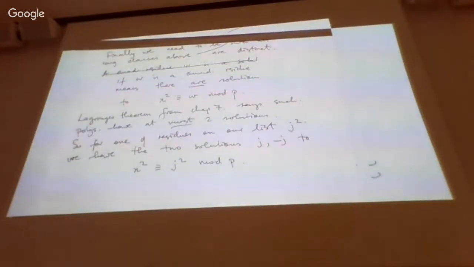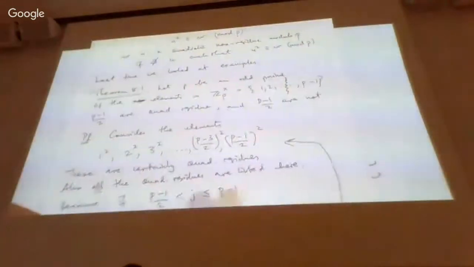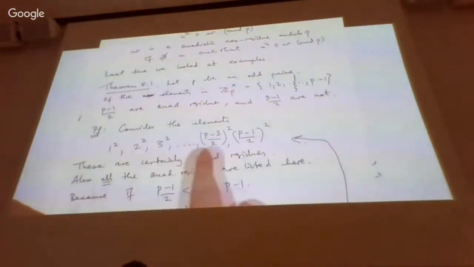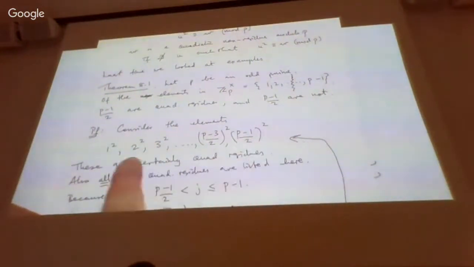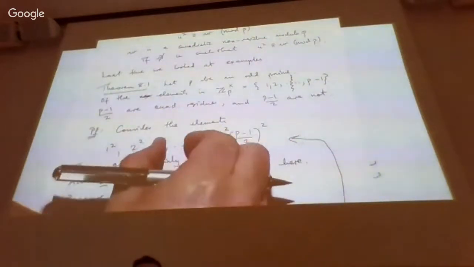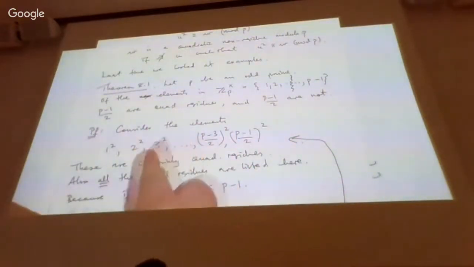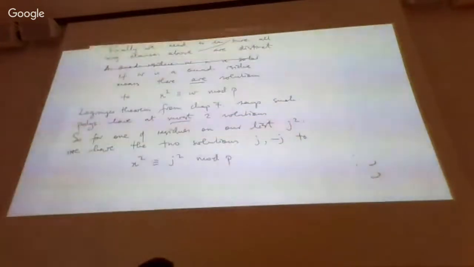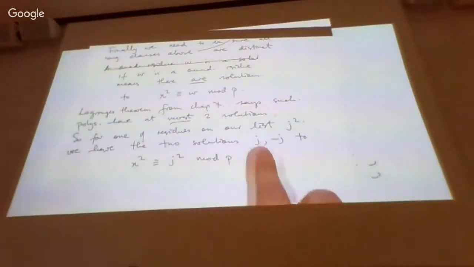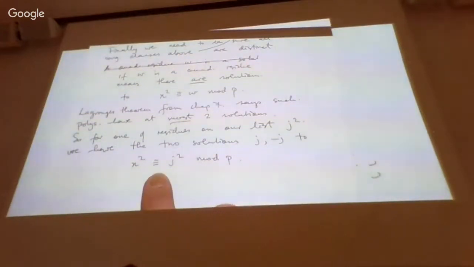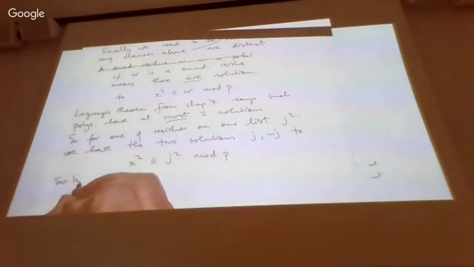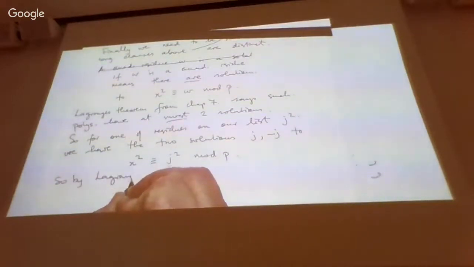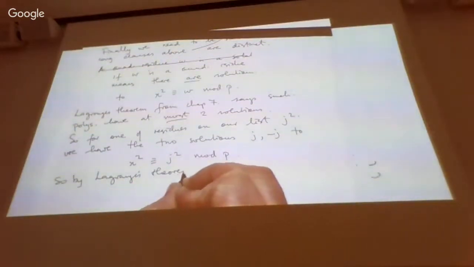For each of the quadratic residues I've listed here, we've already established that all the quadratic residues are to be found here. If I pick any one of those out, a j squared, it's the square of something, so it's a quadratic residue, but we can already point to two solutions to it, j and minus j, for this polynomial. And Lagrange's theorem tells us that there are no more solutions.